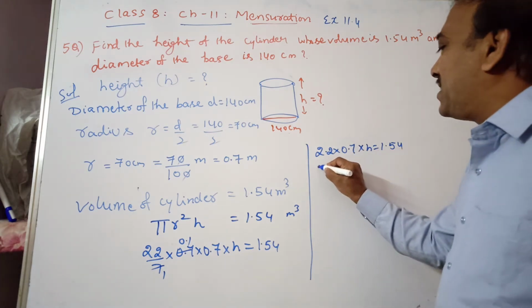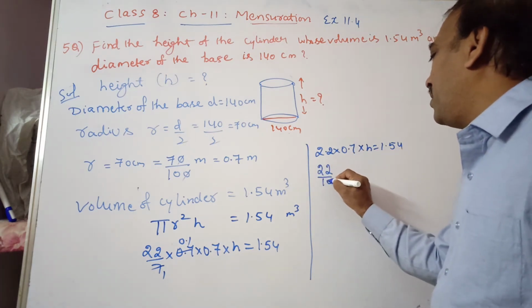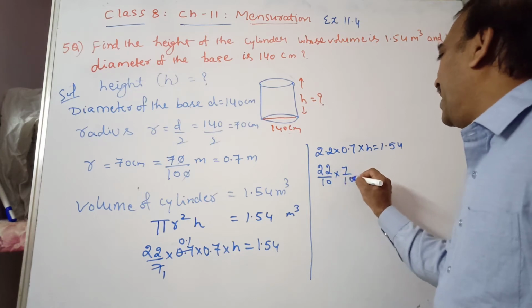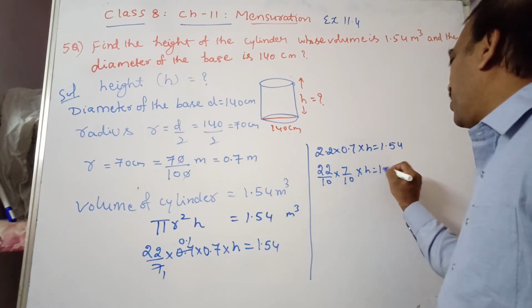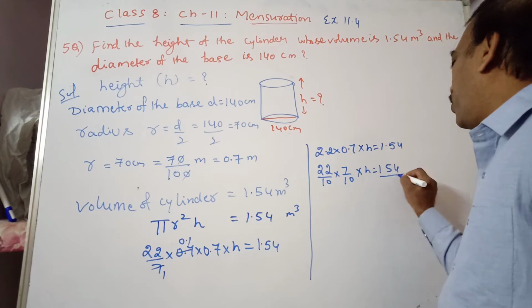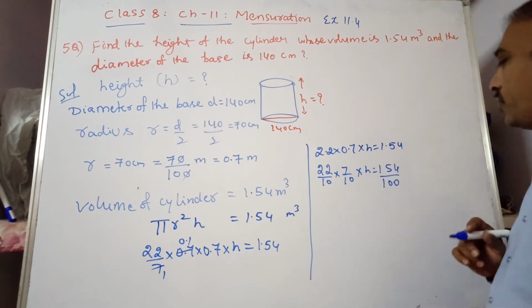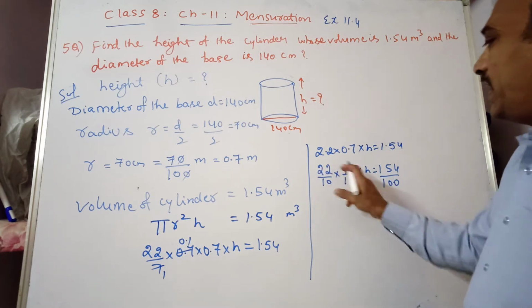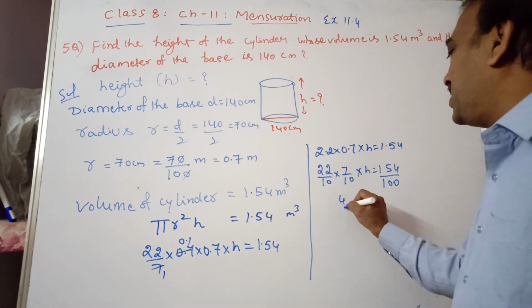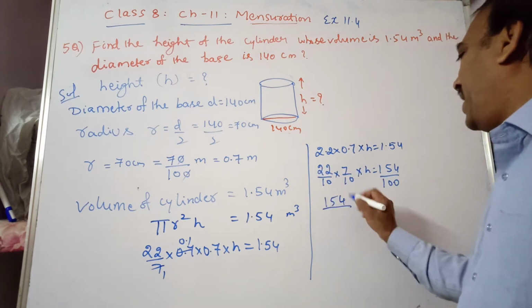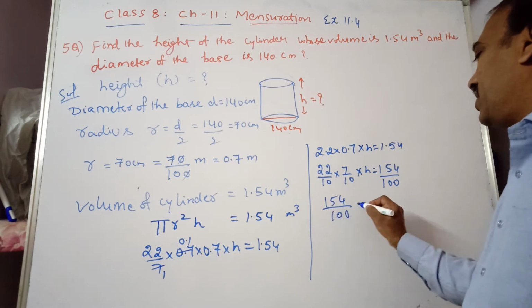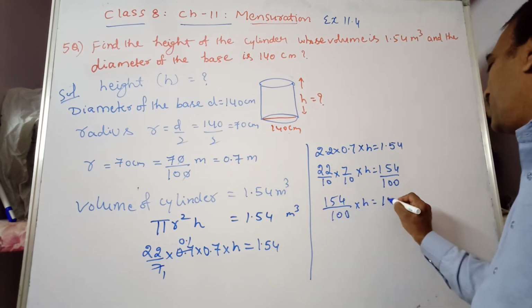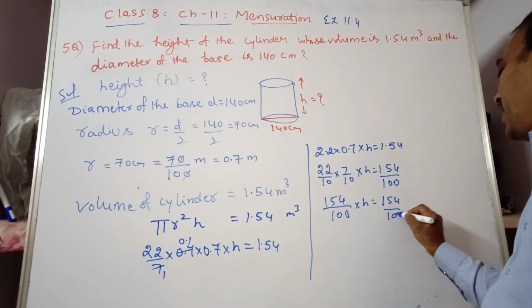I am writing as 22 by 10 into 7 by 10 into h is equal to 154 by 100. I am converting into the fraction. So 22 into 7, 7 2s are 14, 7 2s are 14 plus 1, 15 by 10 into 10, which is nothing but 100, into h is equal to 154 by 100.